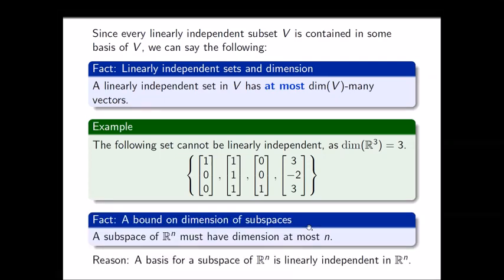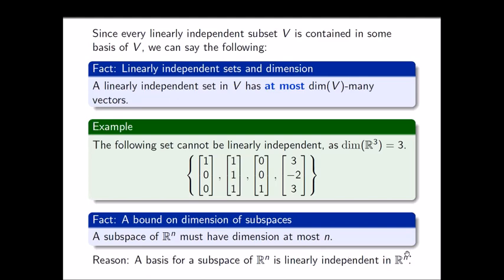And this brings me to another fact, and that is that any subspace of Rn must have dimension at most n. And why is this true? This is true because any basis for a subspace of Rn is going to be linearly independent in Rn as well. It may not be a basis for Rn, but it's going to be linearly independent in Rn.